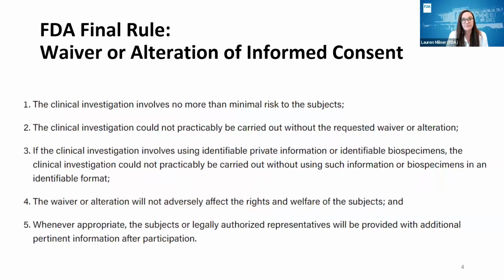And we just heard what the FDA final rule is for waiver or alteration of informed consent, and I'll just review those again quickly. So the first criteria is that the clinical investigation involves no more than minimal risk to subjects. The second is that the clinical investigation could not practicably be carried out without the requested waiver or alteration.